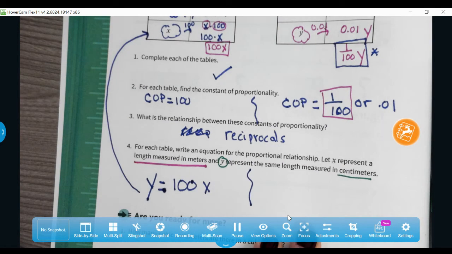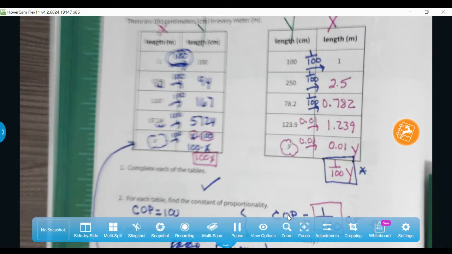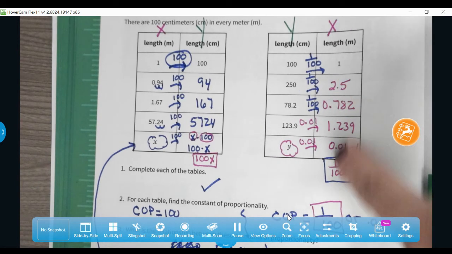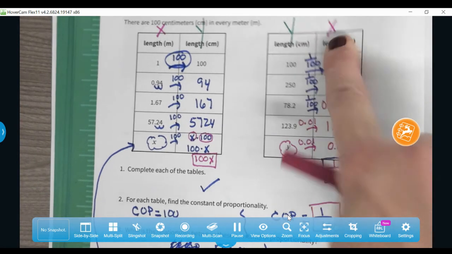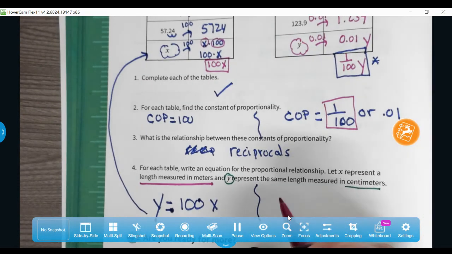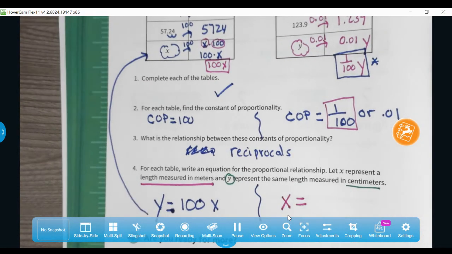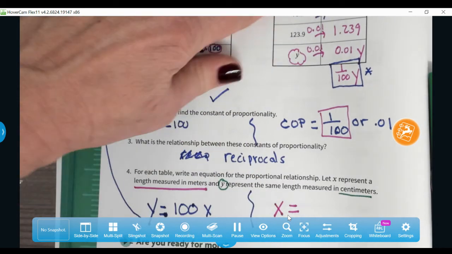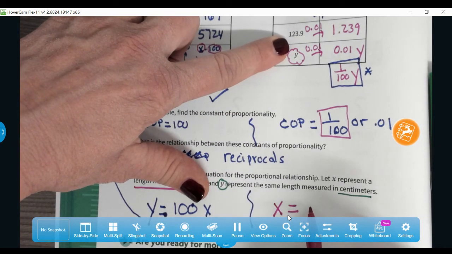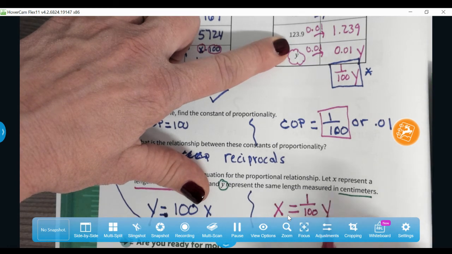Now let's go to the next one over here. So for this one, we were now looking, how did we get this? Well, this right here is the x. So when I come back down here, I'm going to go x equals what? Well, it equaled what I did with that first column, which was my constant, which is 1 over 100 y.